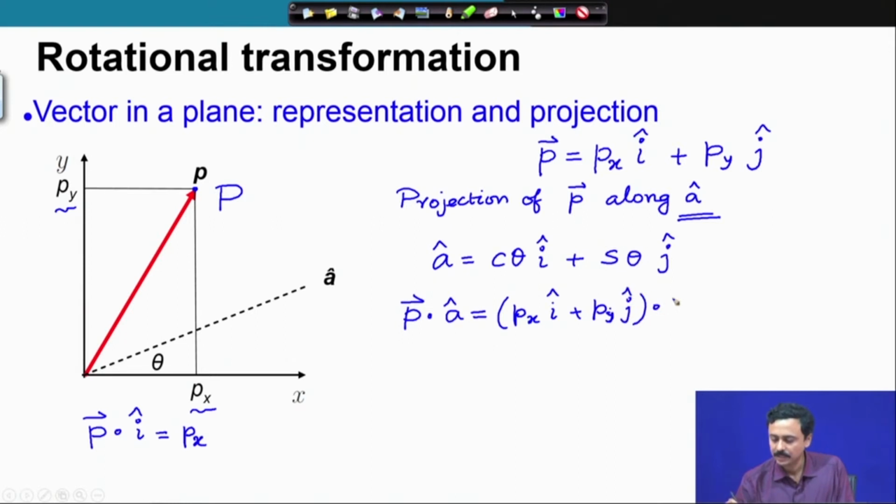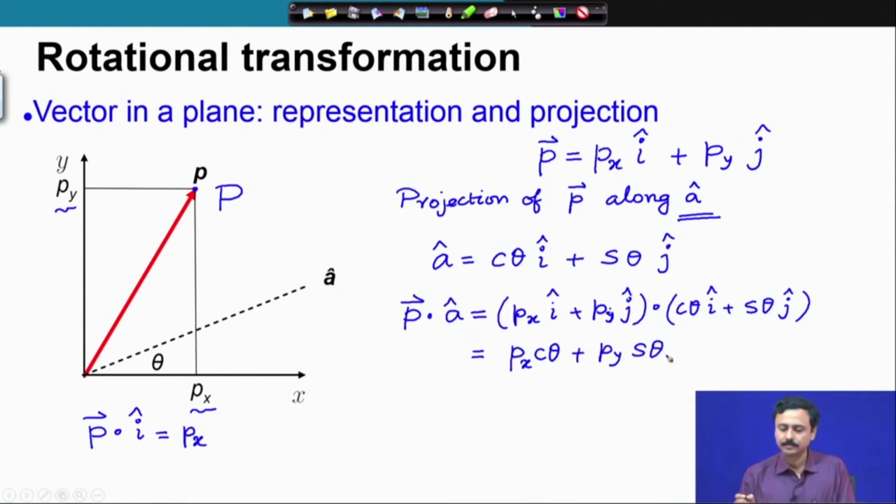So, this is the p vector and a vector is as above, and that gives us p x cosine theta plus p y sin theta. So, that is the dot product of p with a cap and this concept is what we are going to use for constructing the rotational transformation.